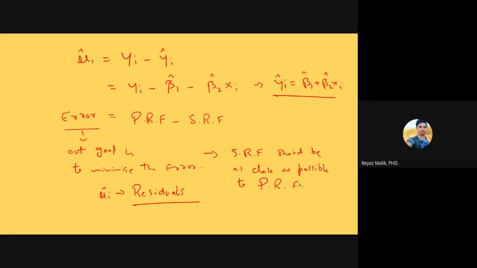Then what is the next step? Now, ui cap equals yi minus yi cap. This is our function. We want to minimize the sum of errors.